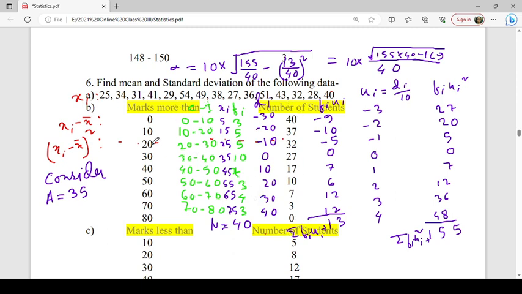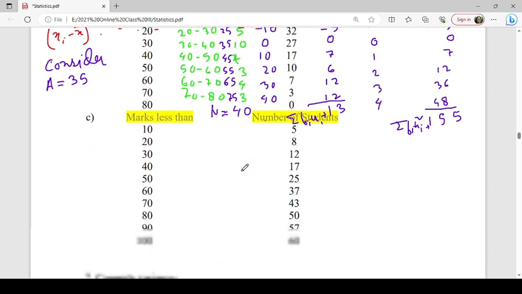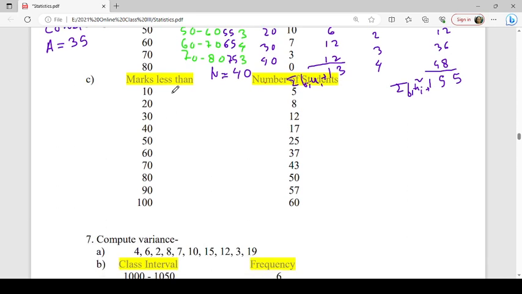We converted this to an ordinary frequency distribution table having columns class interval, then frequencies. So here also we need to make class interval. So less than 10 it is 5, less than 0 is not given, so you make 0 to 10.